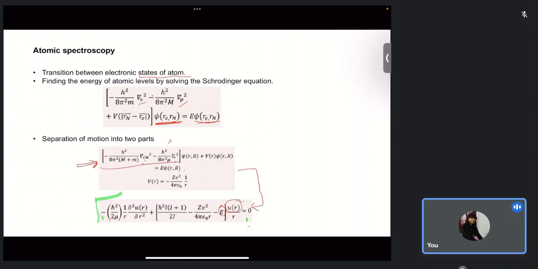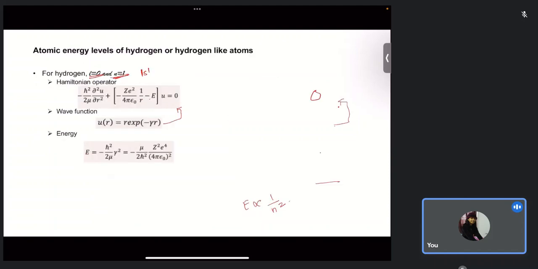Then we saw how the Hamiltonian operator looked for a hydrogen atom where L is equal to 0 and n is equal to 1, and how the wave function associated with it looks, and how it looks for a hydrogen-like atom.